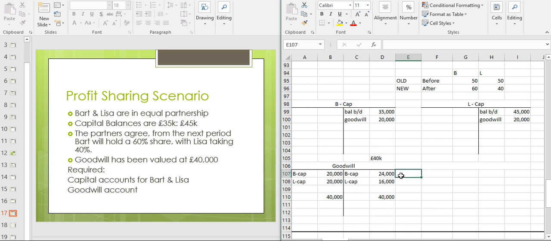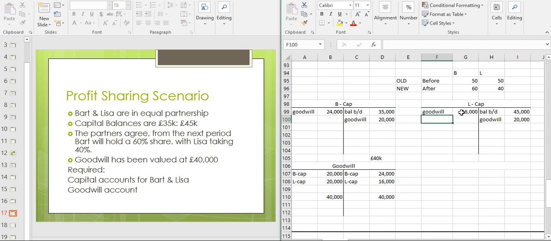In terms of the 24-16, what's going on here? You'll notice through double entry, and when I do a quick recap, exactly what's going on. So we have 24 credit, 24 debit, 16 credit, 16 debit, goodwill.